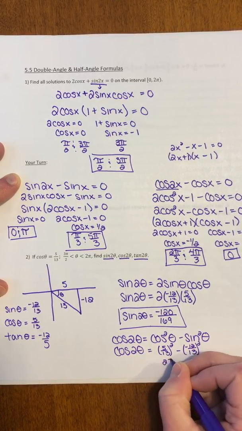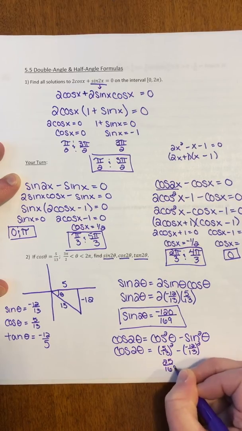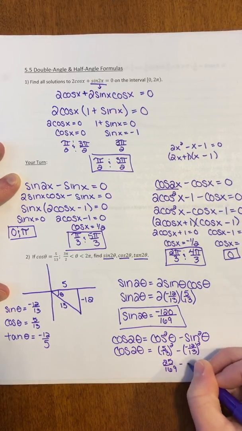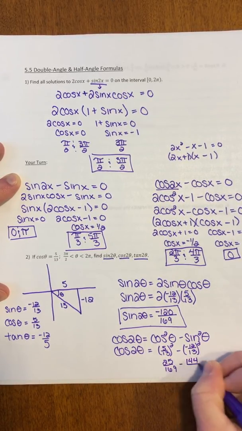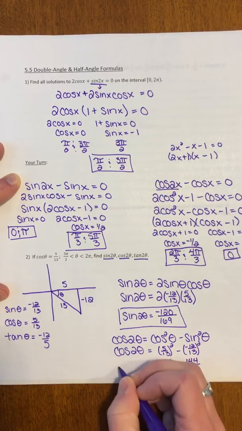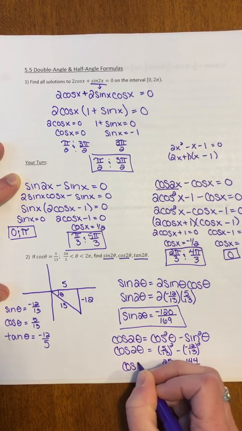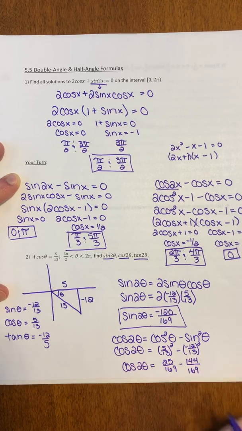So we get 25 over 169 minus 144 over 169. Okay? Cosine 2 theta equals, and we can go from there.